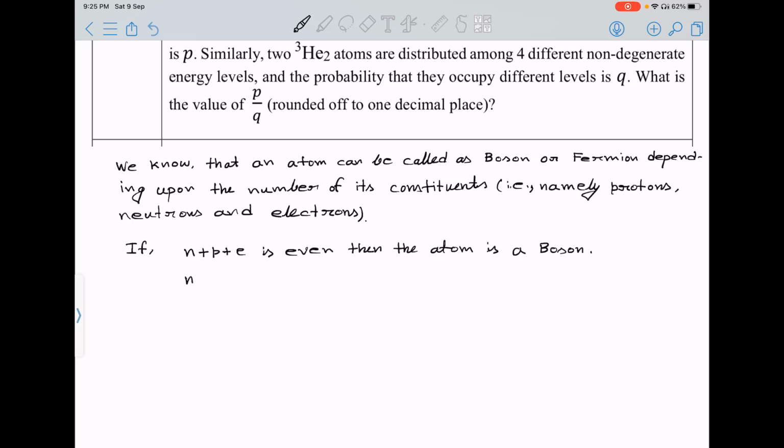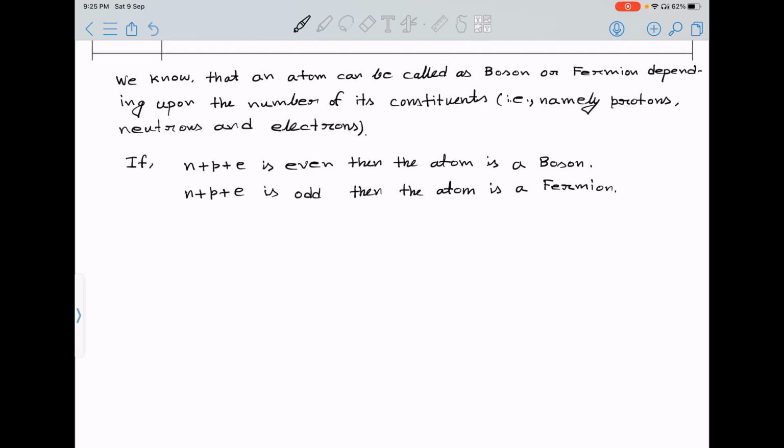And if N plus P plus E is odd, then the atom is a fermion. Okay, so this is a little concept I am going to use. Let me write PR instead of P here, because in the question it is given as P.